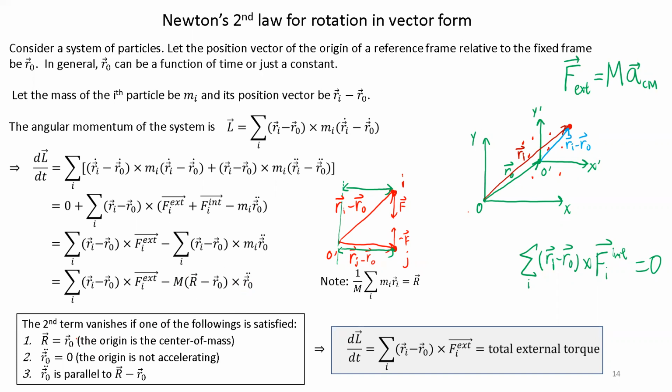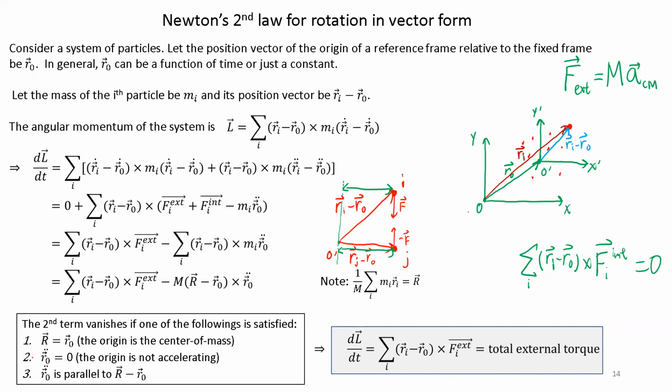Finally, there's also a third condition that you can use, but this one is usually not how we use it. So just look for either the first or the second requirement.